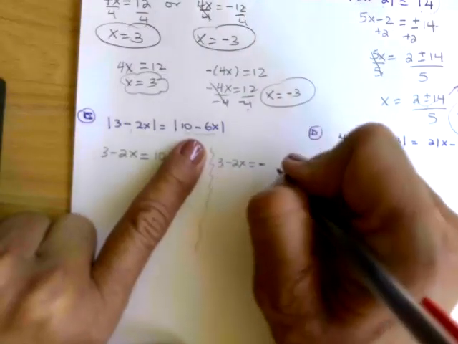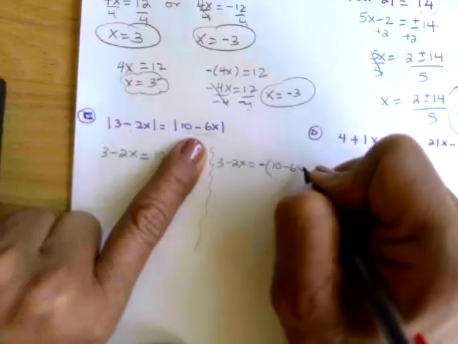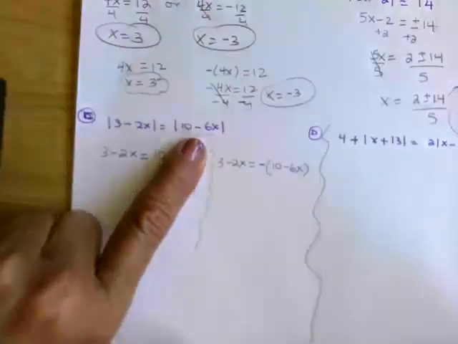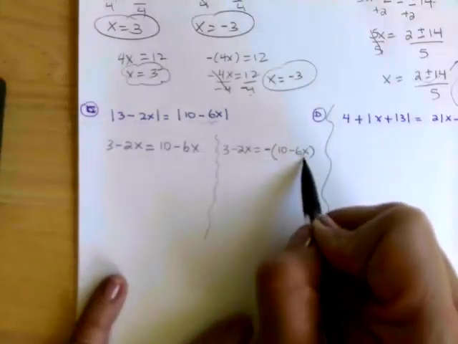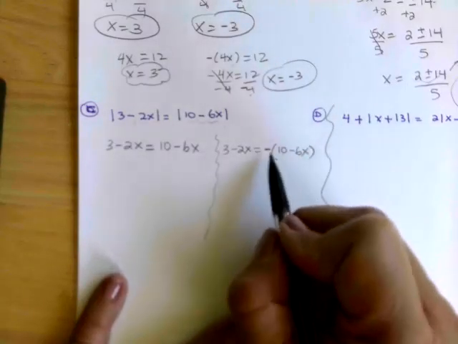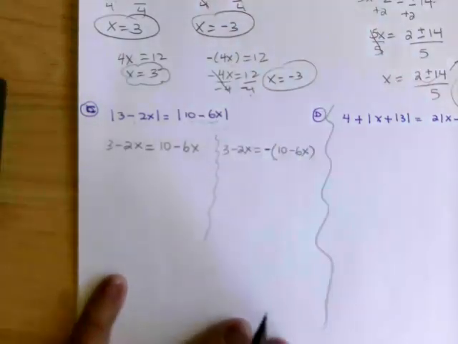So the way I do that is a negative sign out in front of parentheses. Sorry, getting a little tight in there. And then the 10 minus 6x, right? So I'm going to take the opposite of all of that, which means I'll distribute that negative sign.